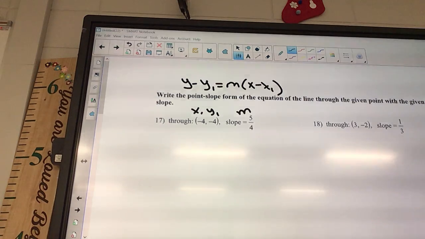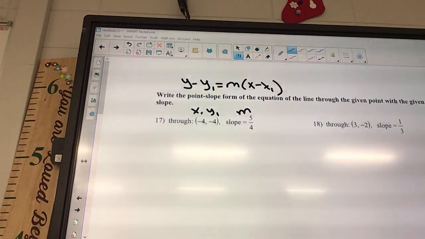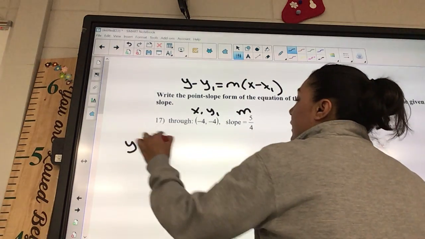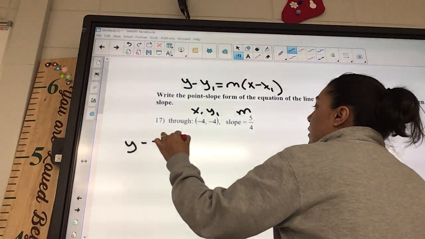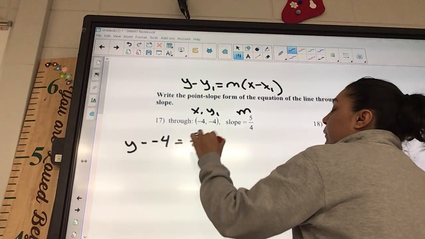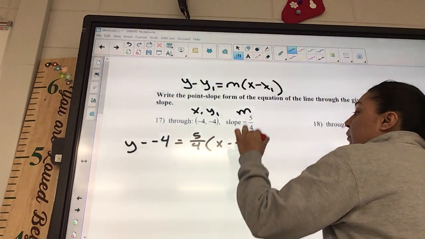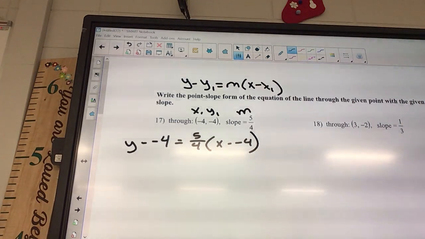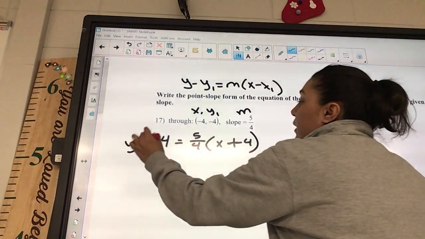They gave us a point and a slope, so we can plug it in. So we have y minus, my y1 is negative 4, equals 5 over 4, x minus negative 4. And then we can change these minuses into a plus.